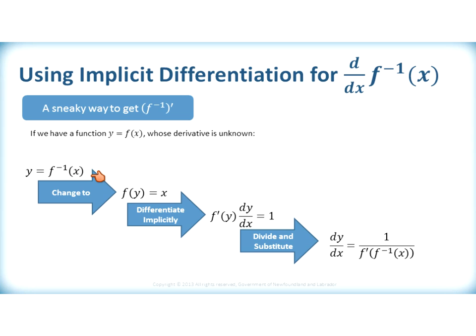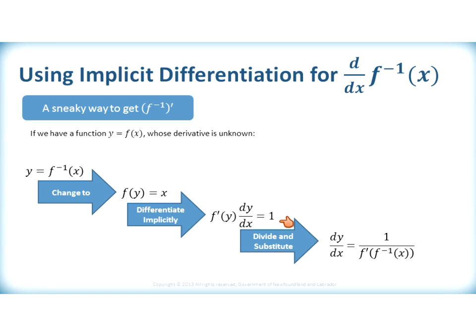Then what I can do is, we know that an inverse function is just what we get when we switch the variables. So if I switch those variables back and I look at f of y equals x, so apply f to both sides if you want and cancel it out whichever way, and then use implicit differentiation. What I get from that is f prime of y times dy over dx, and that's equal to 1, because the derivative of x, of course, is just 1.